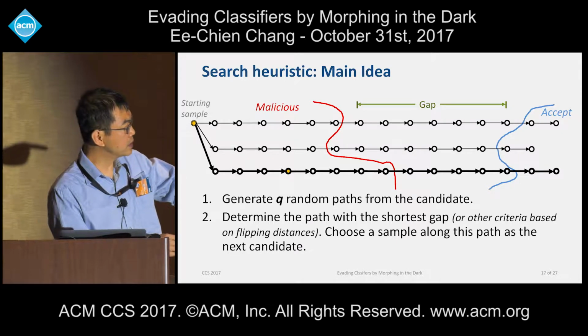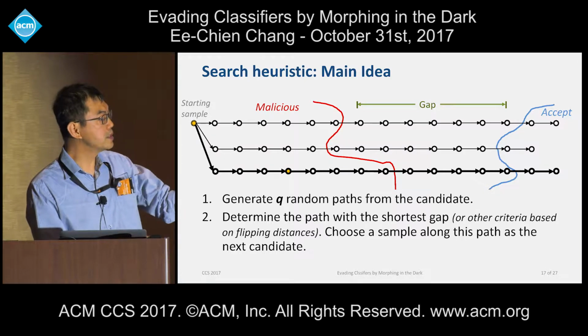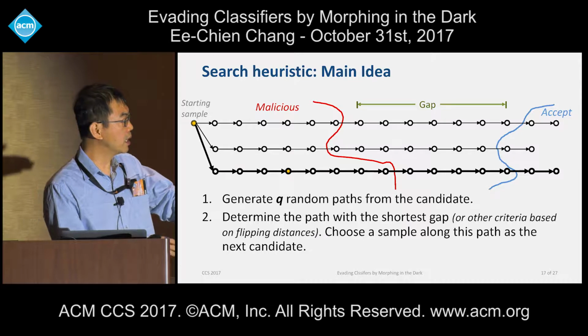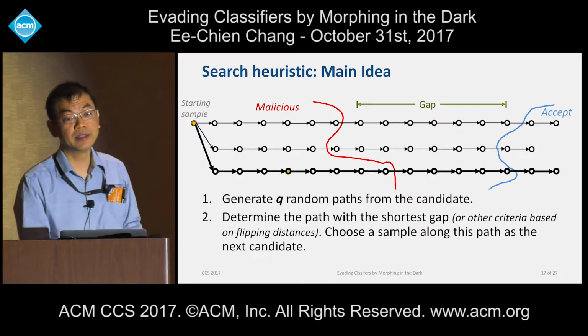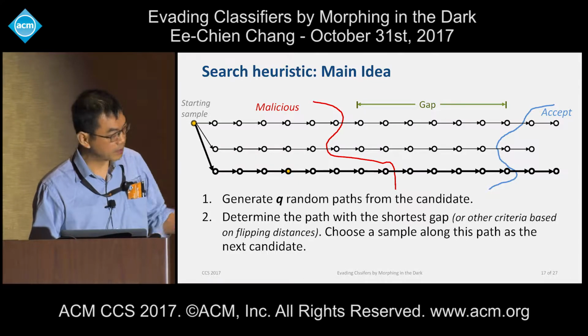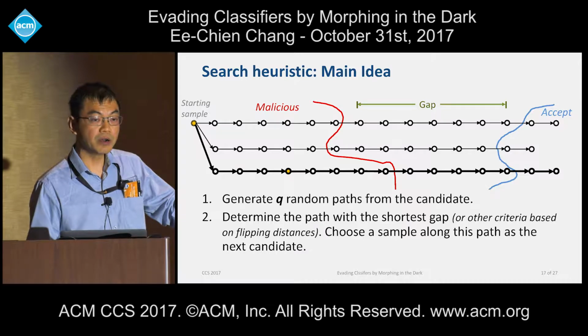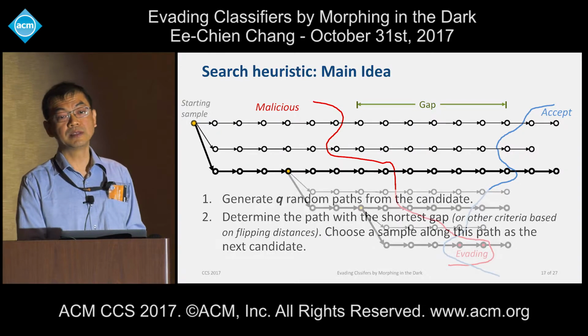So in this example, it's the lowest path. After we determine the path, we just pick a sample along the path as the next starting point, as the next candidate. This is the first round. Then we do a second round and a third round, until we get the evading samples.